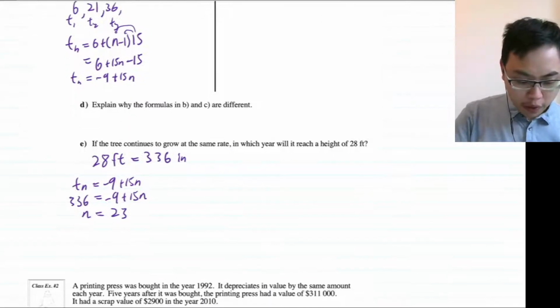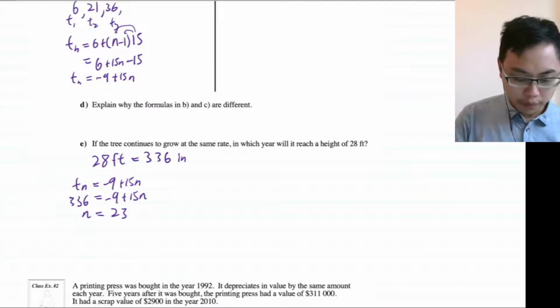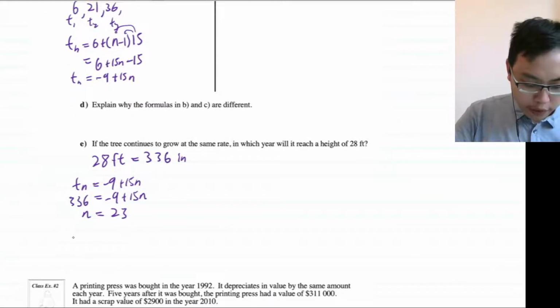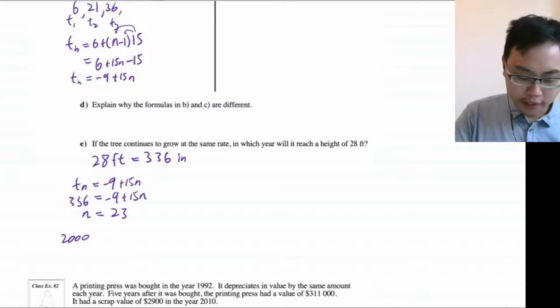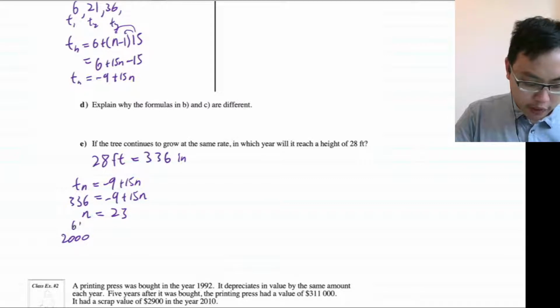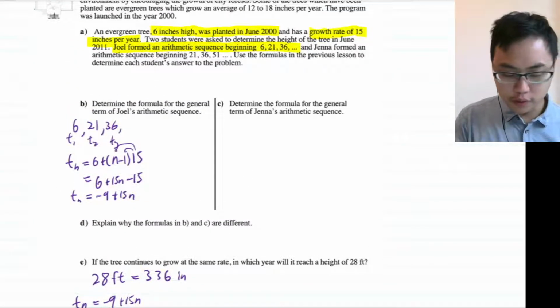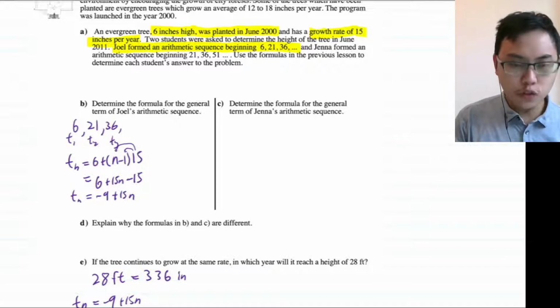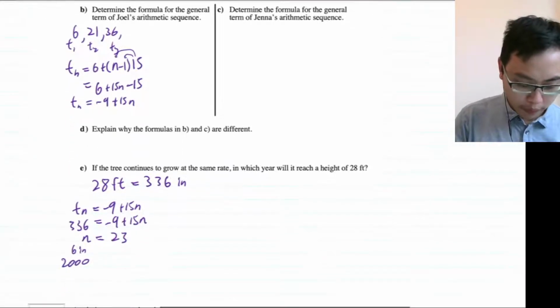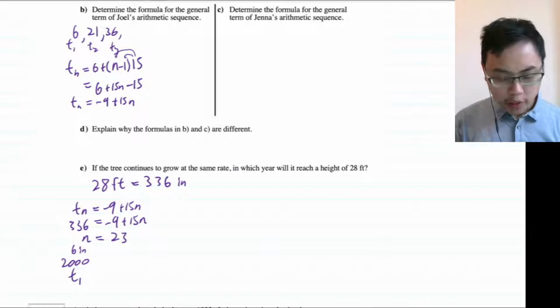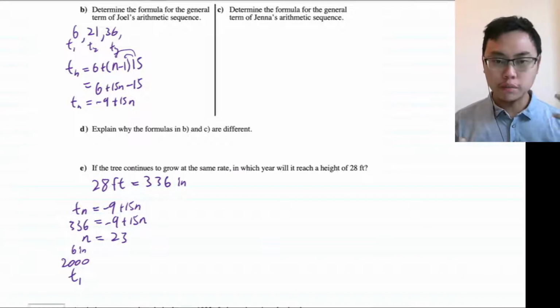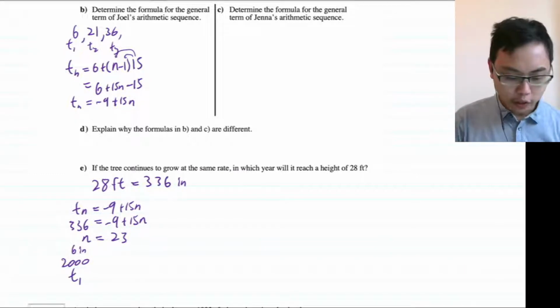Usually what I would do is write down that in the year 2000, the tree was 6 inches. For Joel's way of working, that is term 1, T1. I'm going to write a few just to make sure I understand what's going on.